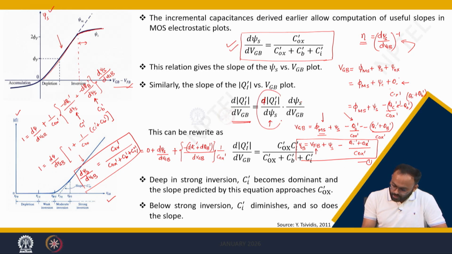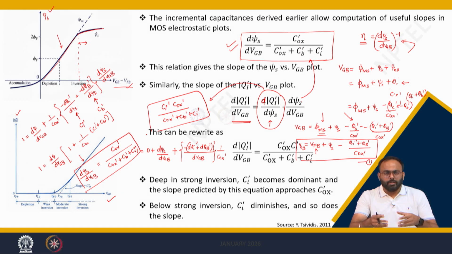This quantity is again nothing but Ci dash. Remember, here we are plotting the mod of Qi, and hence we need not bother about the negative sign. And this quantity we just calculated as Cox dash divided by Cox dash plus Cb dash plus Ci dash.